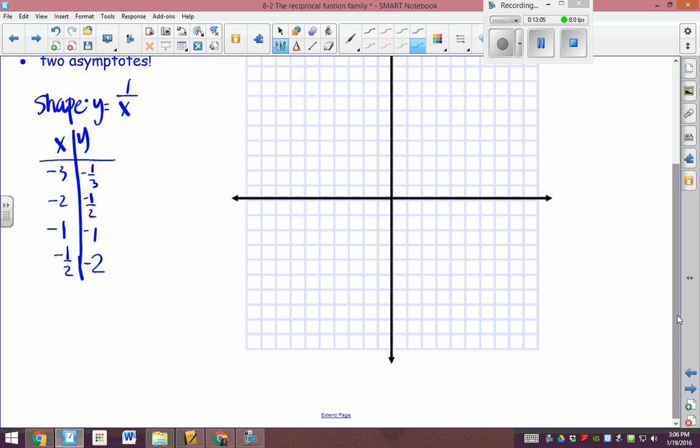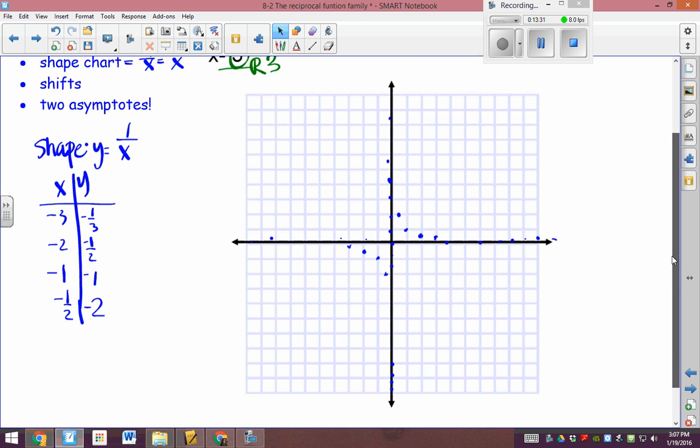So -3, -1/3, -2, -1/2. And I know the other side is exactly the same, only reflected. If this were our final answer, these would be our asymptotes, but I would not recommend getting too detailed here because that's not our final answer. We have to shift it over.